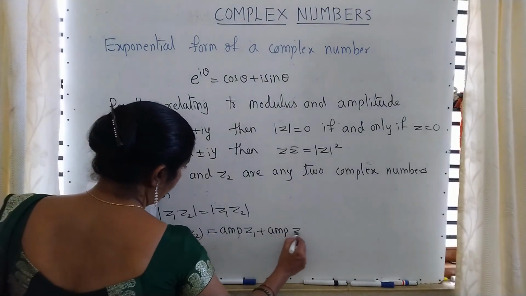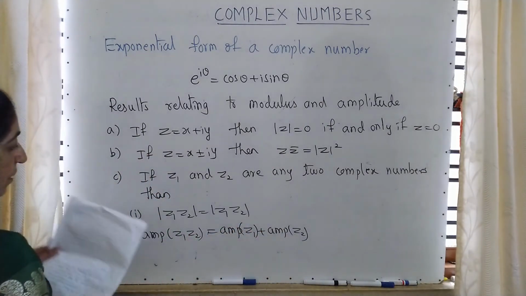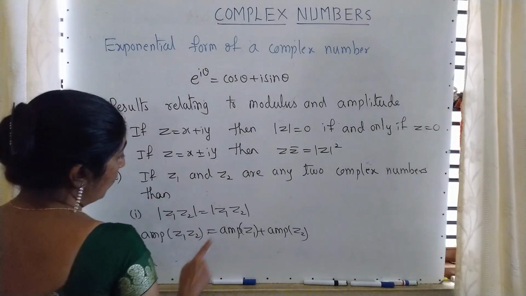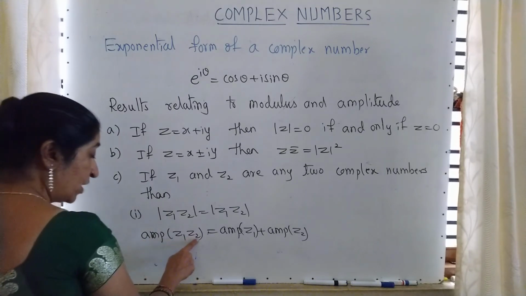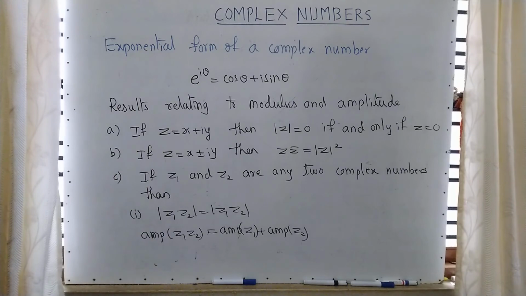If you know the properties, then easily you can mark. So this is the first result: modulus of z1 into z2 is equal to modulus of z1 into modulus of z2, and amplitude of z1 into z2 will be written as amplitude of z1 plus amplitude of z2.